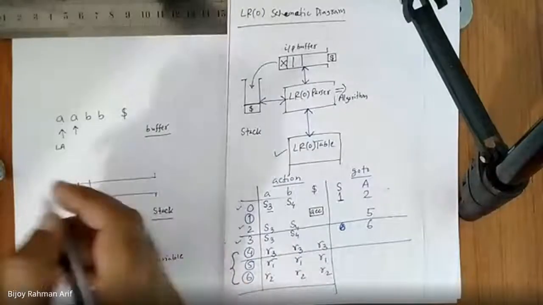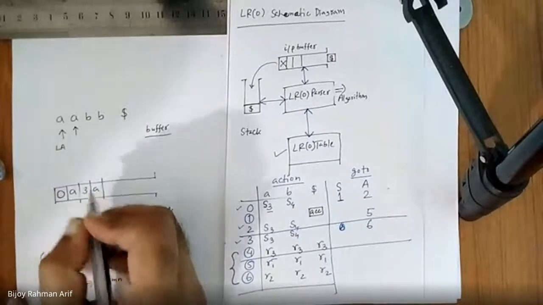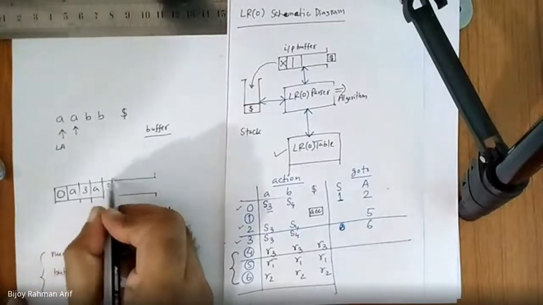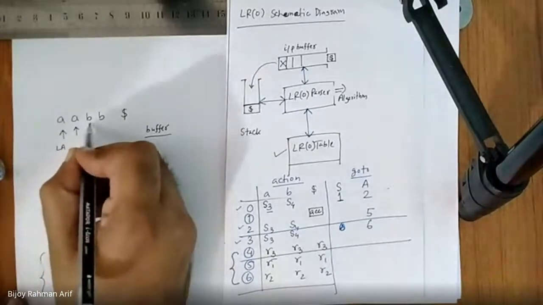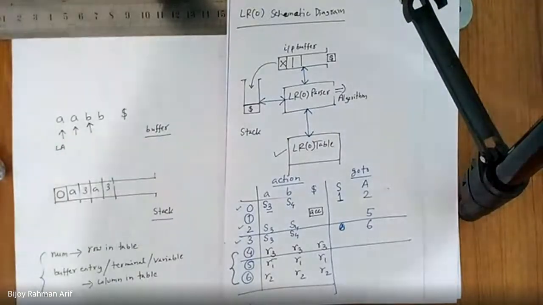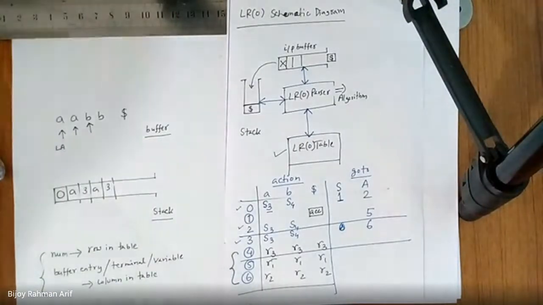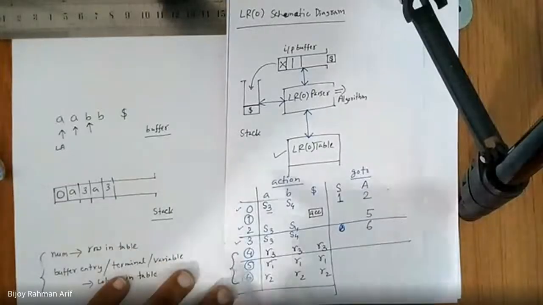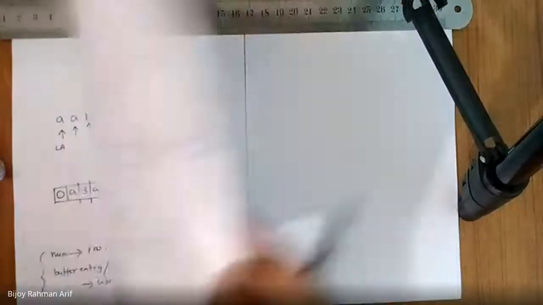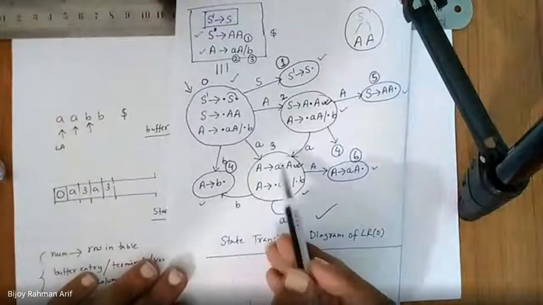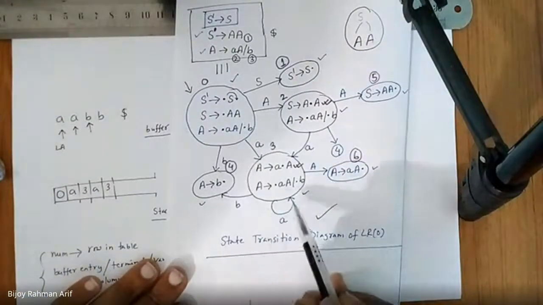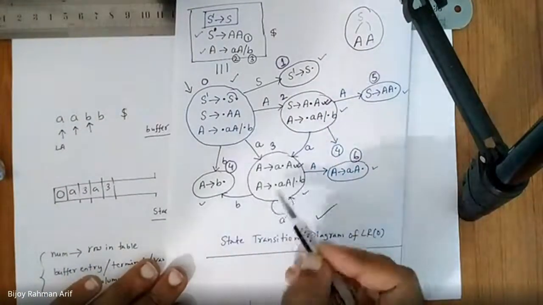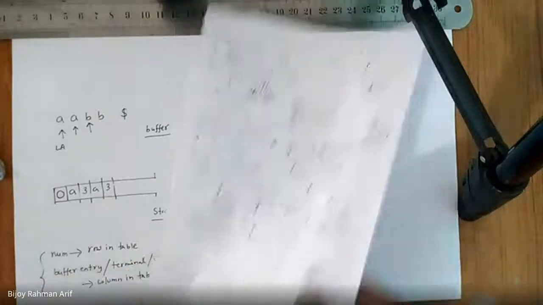We push A again, go to state number 3, and move the lookahead. Is it clear? In this state, we are pushing another A and we are still in state number 3. So we are following this path.